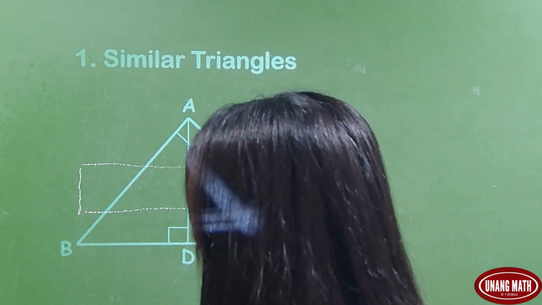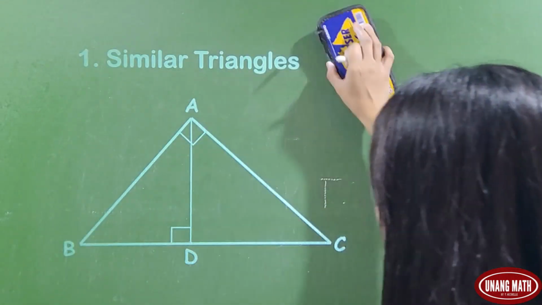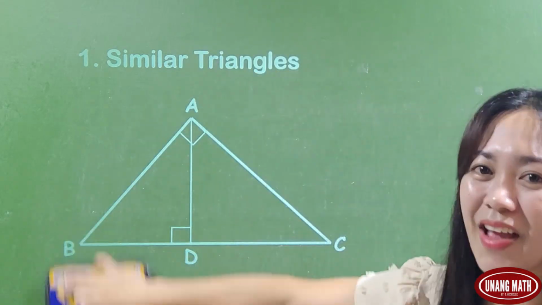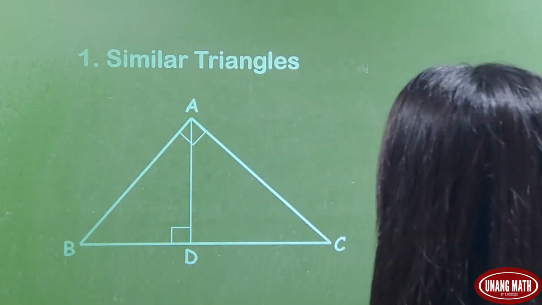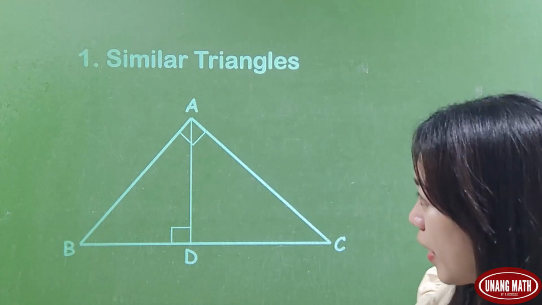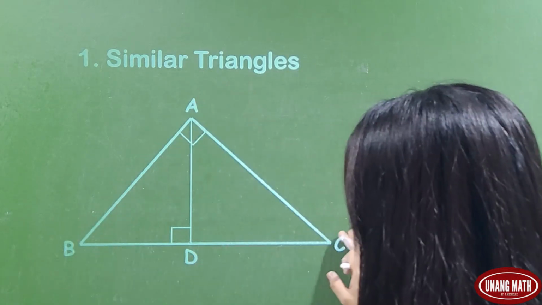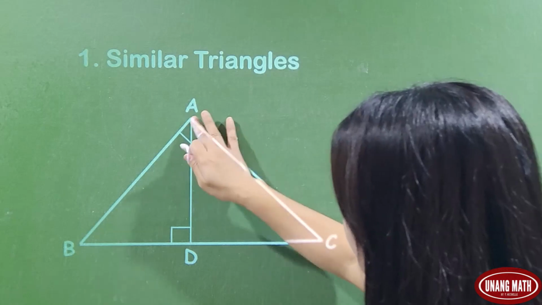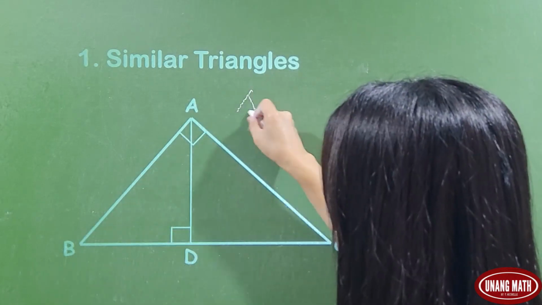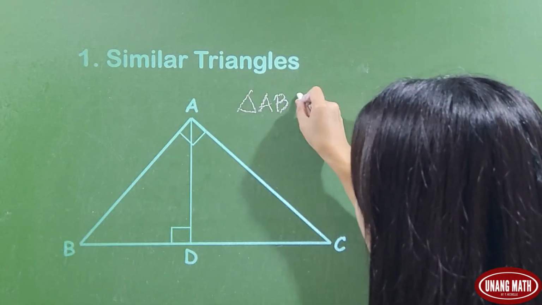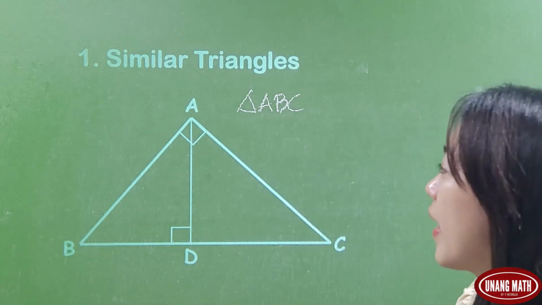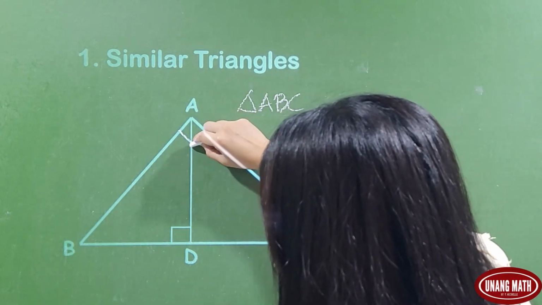Now I will be proving that this Pythagorean Theorem is really correct. First, we will use the concept of similar triangles to prove it. In this figure, we have right triangle ABC, and this is our right angle.